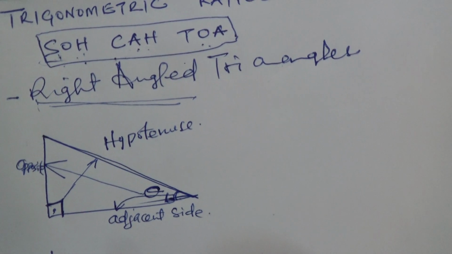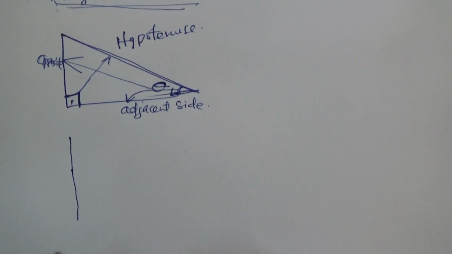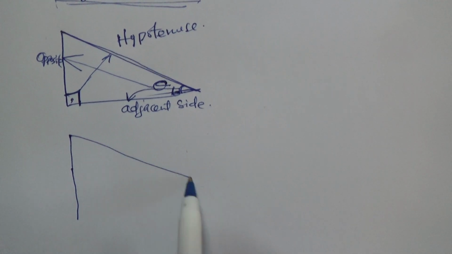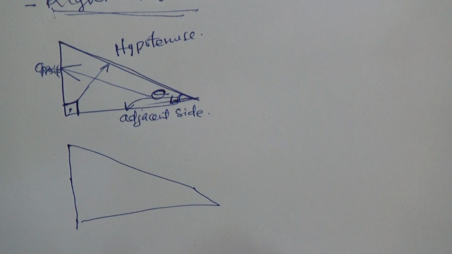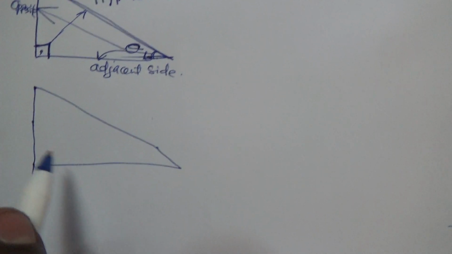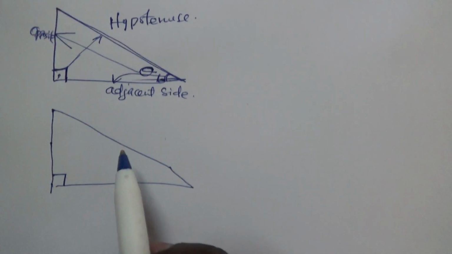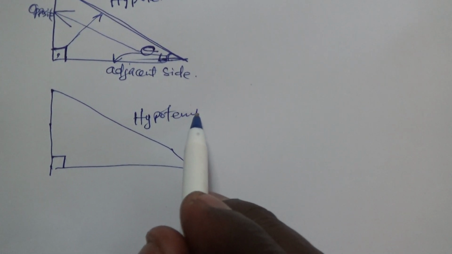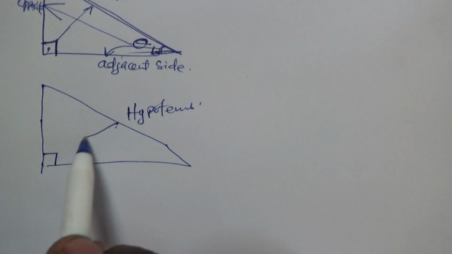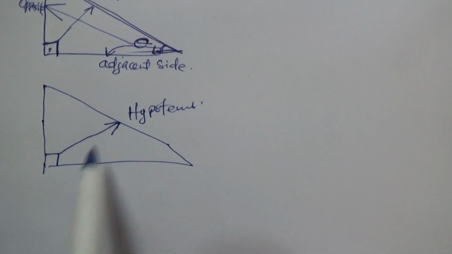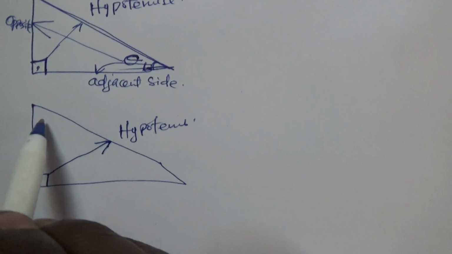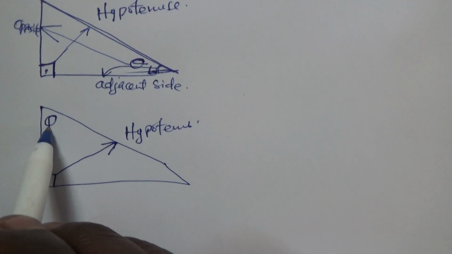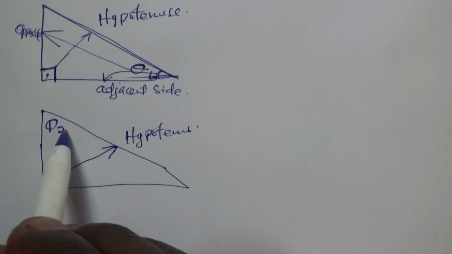Again, we can have the same triangle like this. Of course, here is the right angle, and then we have the hypotenuse here, because we said hypotenuse is the side that is directly opposite the right angle. And then we have another angle here. Let's say it's angle 2.